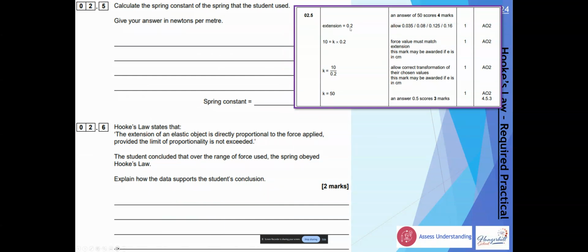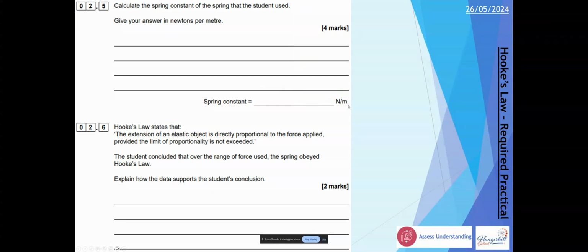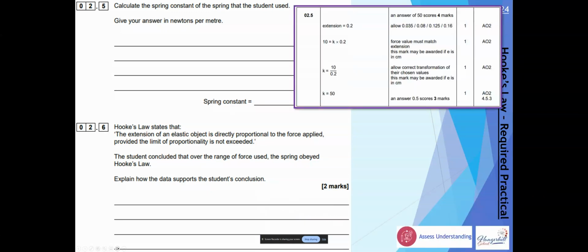We divide it by 100 to get 0.2. That gets us 1 mark. Then we put that into the equation, and we get our 10, which was our weight or our force, and we divide it by 0.2, which I converted, gives us 50. And the spring constant is newtons per meter, so the answer is 50.